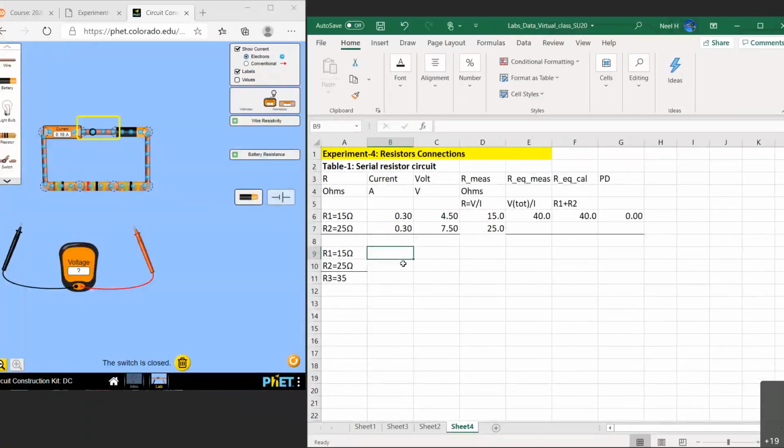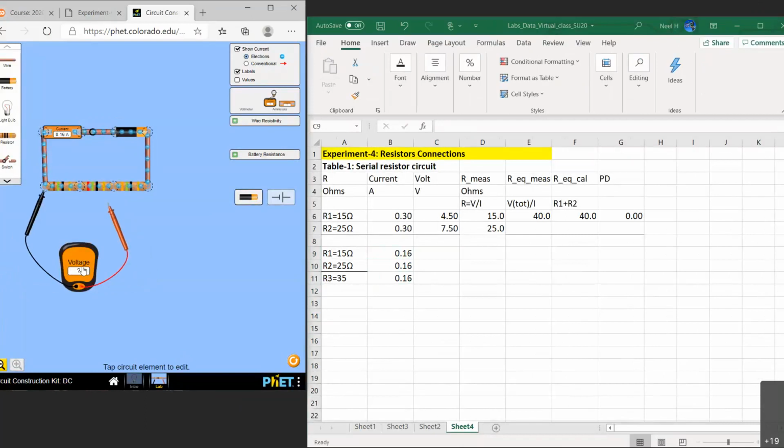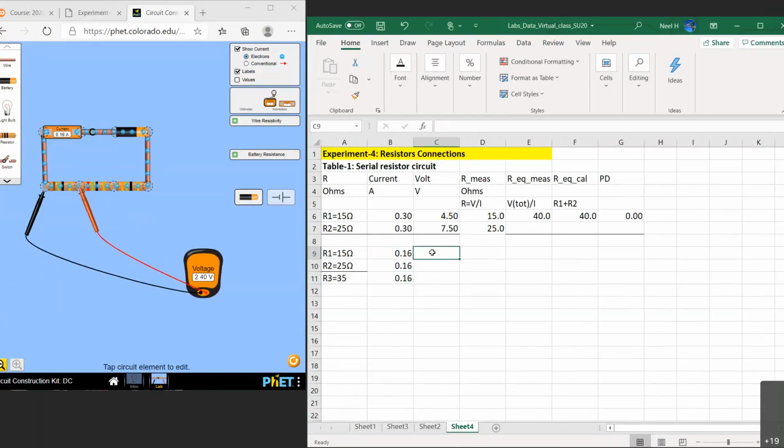Current across all 3 of them is the same, 0.16, 0.16, 0.16, because it's in series. Voltage will be different. You have to measure the voltage across each of the items separately. Right, let's measure that. Voltage across resistor number 1: 2.4. Voltage across resistor number 2: 4.0.